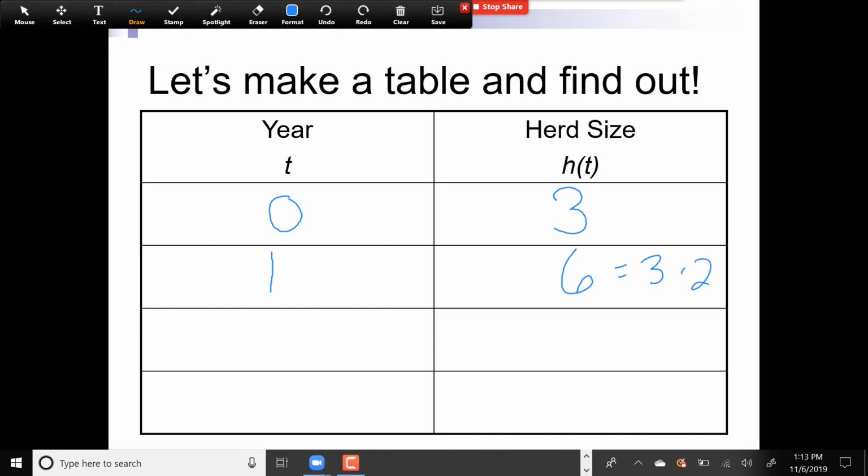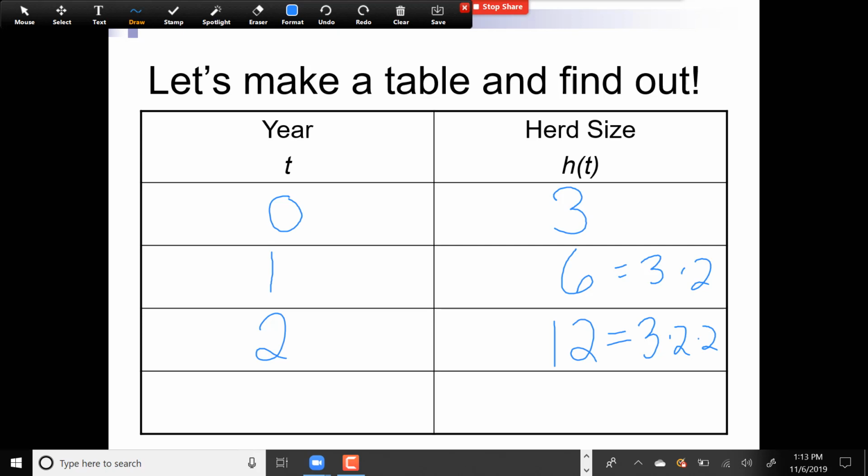Now, 1 year later, that's year 2, those 6 alpacas are all going to have babies, and we're going to end up with 12. That's double the 6, which could be represented as 3 times 2 times 2.